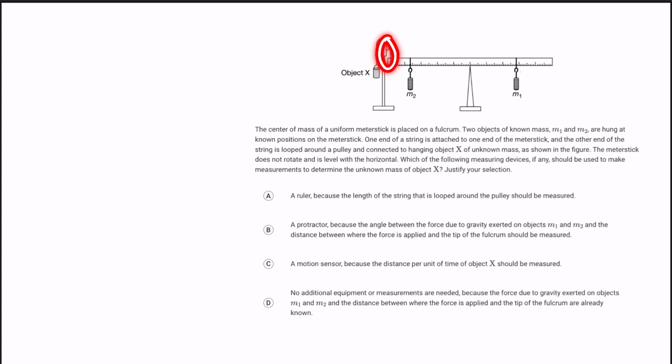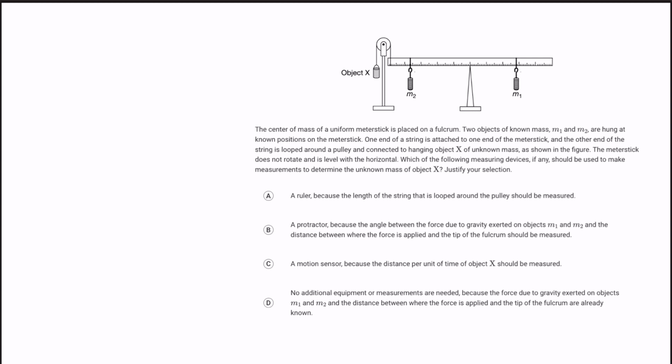Okay, so here. And the other end of the string is looped around the pulley and connected to a hanging object X of unknown mass, as shown in the figure. The meter stick does not rotate and is level with the horizontal, so we know that it is in static equilibrium, so all of the torques that are generated by all three of these masses are canceling each other out perfectly. Okay?